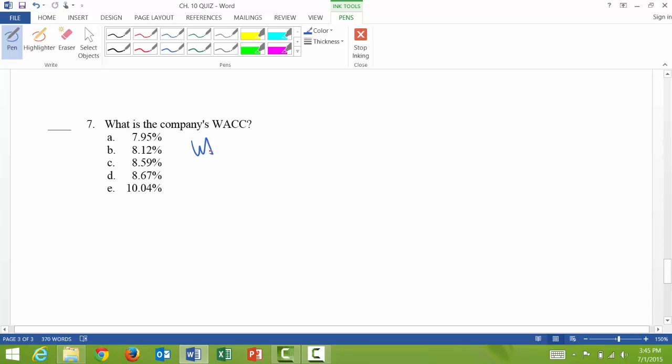So the equation for that is equal to the weight on debt times the rate on debt times 1 minus the tax rate, plus the weight of preferred stock, that's a W, times the rate on preferred stock, and then the weight of common equity times the rate on common equity.